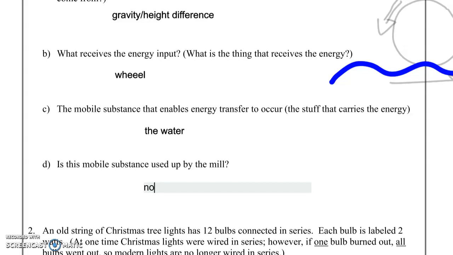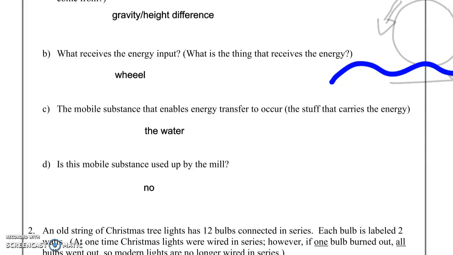This analogy does work okay as an analogy for charge and for electric circuits. In an electric circuit, the source of the energy is an electric pressure difference or a voltage from the battery. And the thing receiving the energy input would be our light bulbs or a fan or whatever it is that we're powering with our circuit.